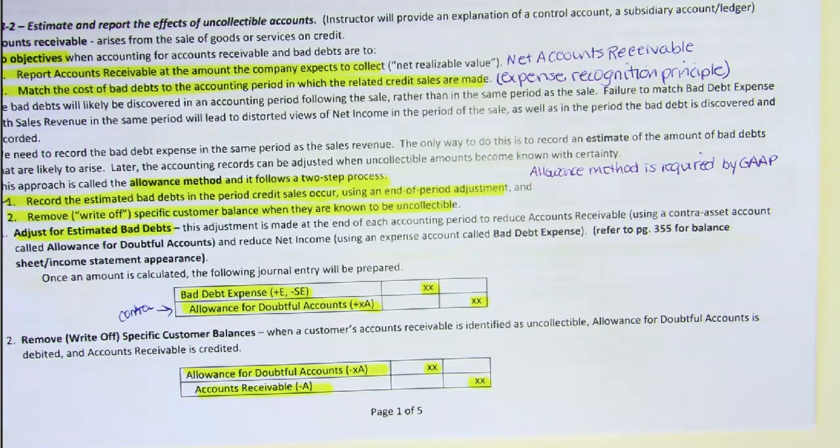But in truth, we use what's called a subsidiary ledger. The subsidiary ledger of accounts receivable has the detail of each customer, how much they owe us, when they purchased it, if they paid it. We've got all that detail in the accounts receivable subsidiary ledger.